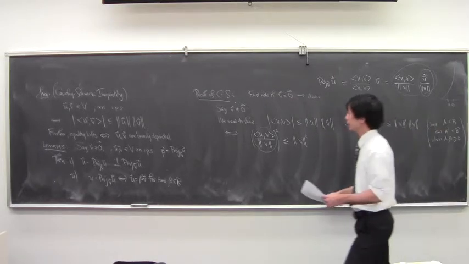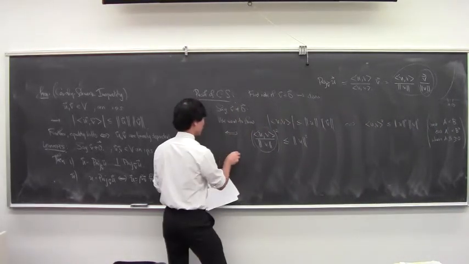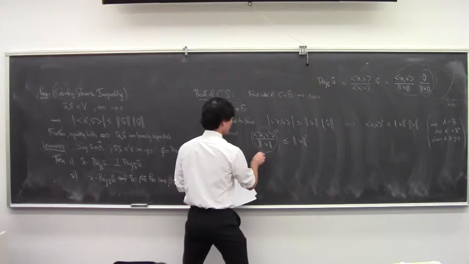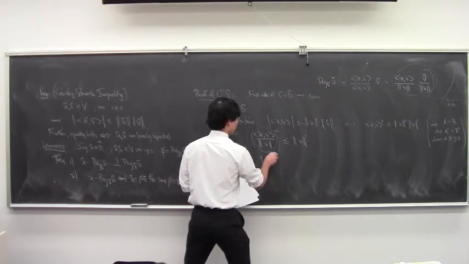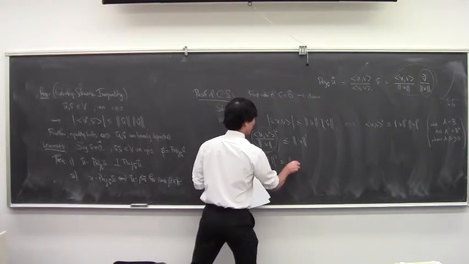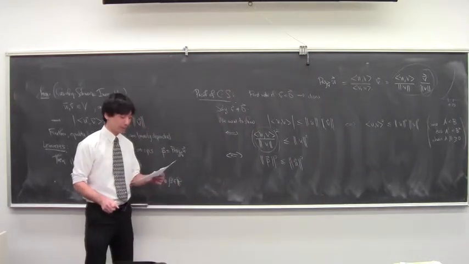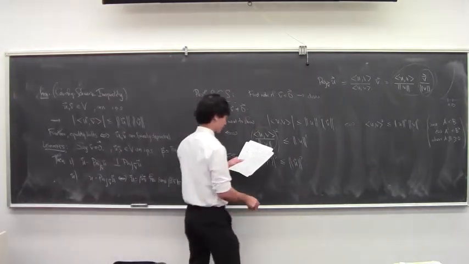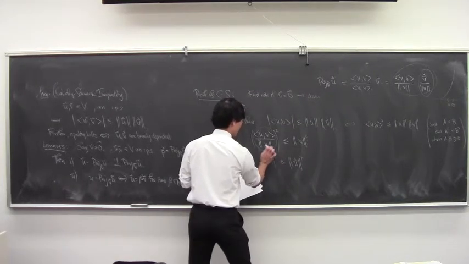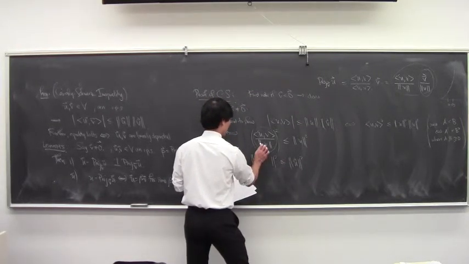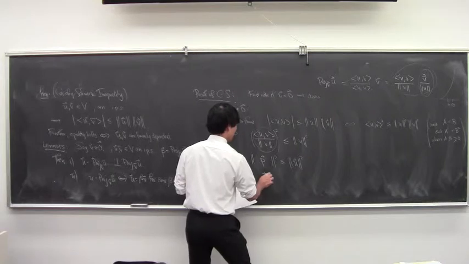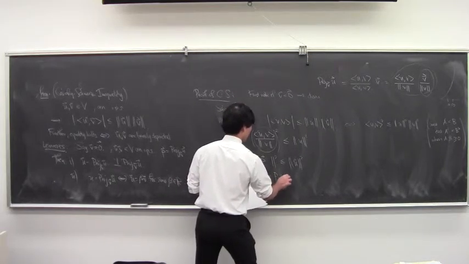So really what the Cauchy-Schwartz inequality is saying is, can you show that the magnitude of the projection squared is less than the magnitude of the thing squared? So this is some P, where P is the projection of u on v.